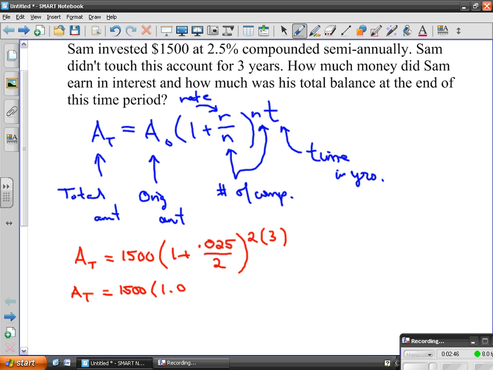So added to 1, I have 1.0125, and I'll raise all of that to the 6th power. So I'm grabbing my calculator right now, and I'm typing in 1,500, open parenthesis, 1.0125 raised to the 6th power.